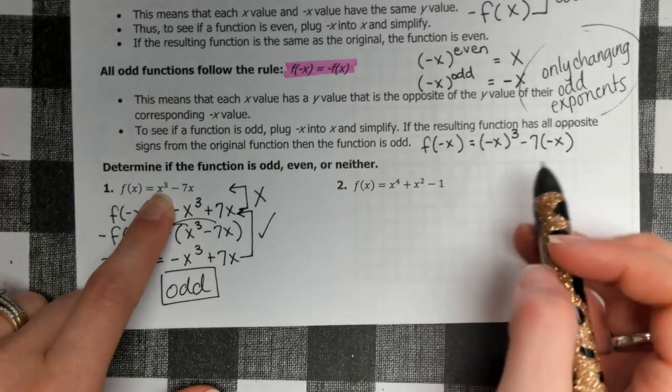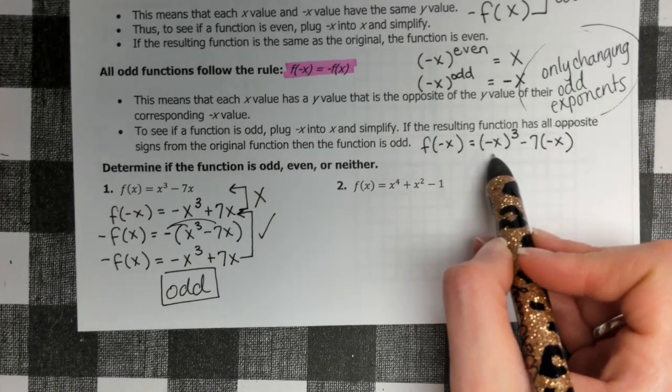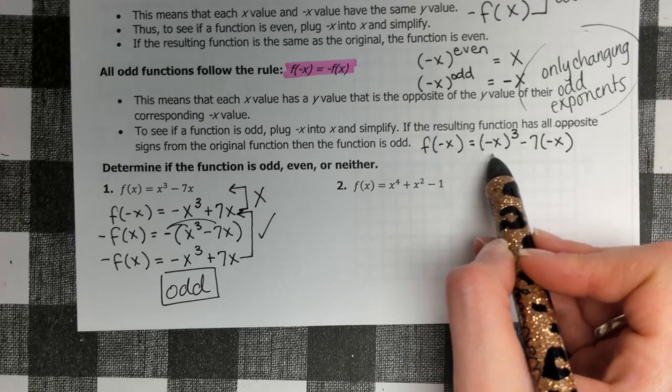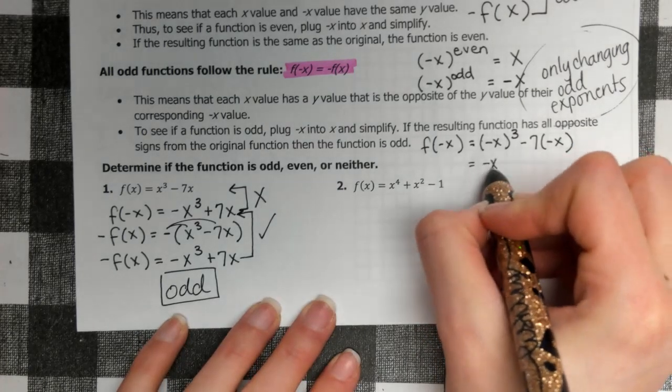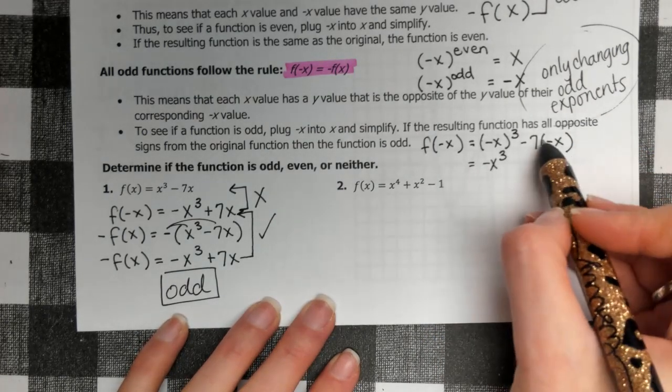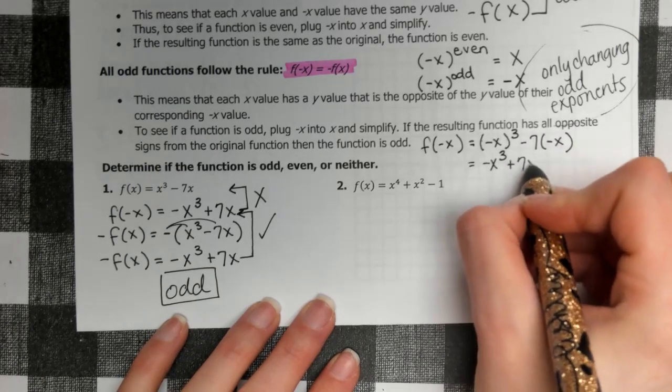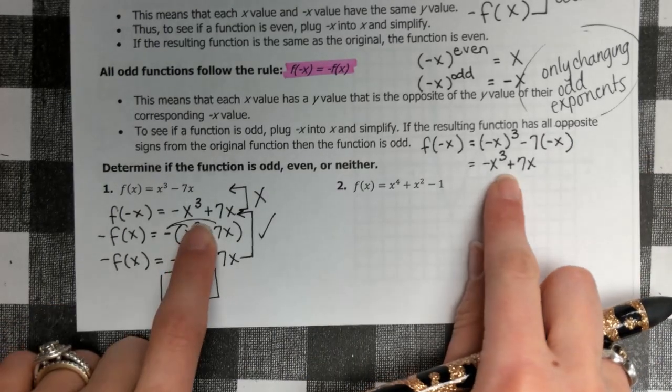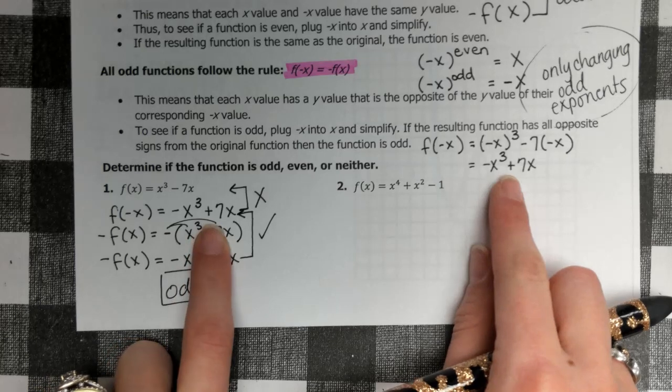So negative x times negative x would be a positive, times another negative would give me that negative x cubed. And then negative 7 times negative x would give me that positive 7x. So that's the algebra behind this, but I'm just letting y'all use the shortcut.